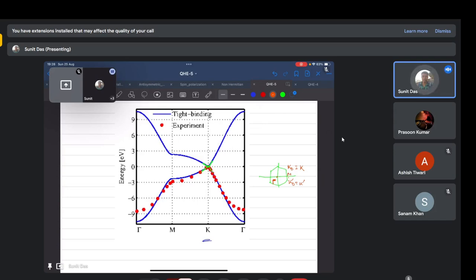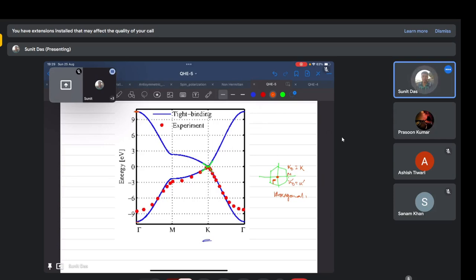So you start from the gamma point, which is 0, 0, the center of this hexagonal Brillouin zone. The energies are the highest, right? And the band gap is also highest. It almost goes to 10 and minus 10.